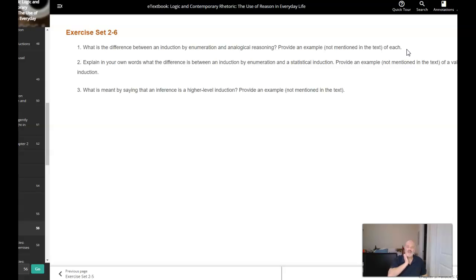First off, there are 3 response questions on this quiz. The first one is 4 points, so it kind of has 4 parts: the first half, and then the example of each. So a couple of points for this, a couple of points for this. The example not mentioned in the text, that is, come up with your own, think of one, or find a place that can help you think about it.